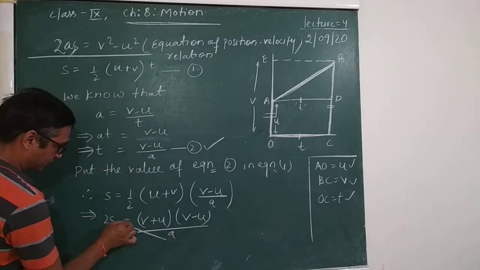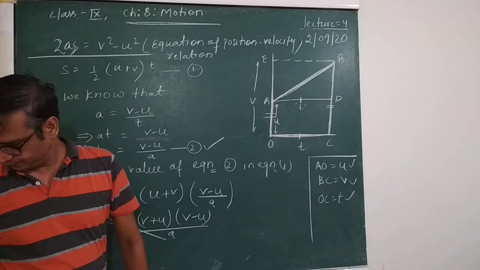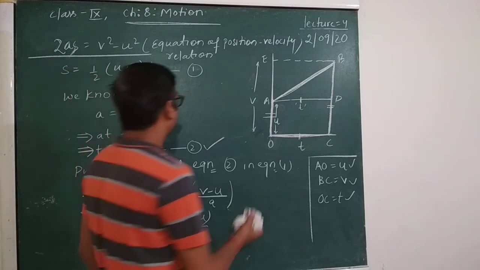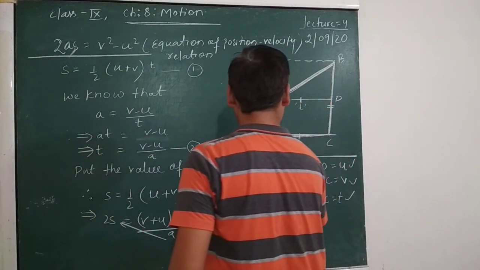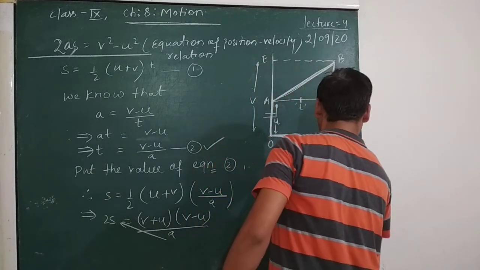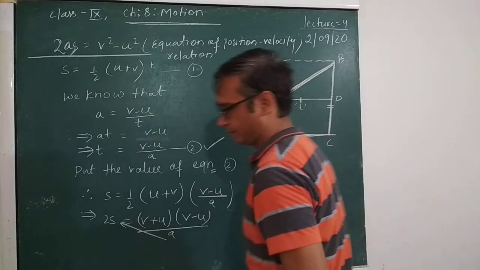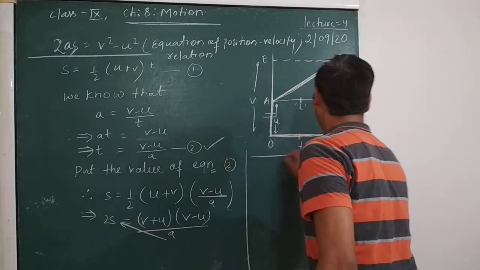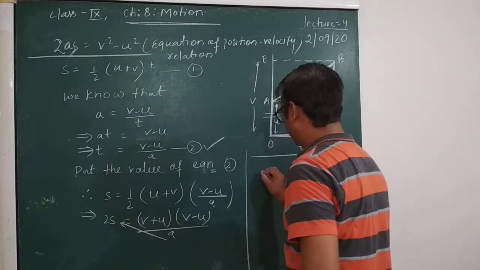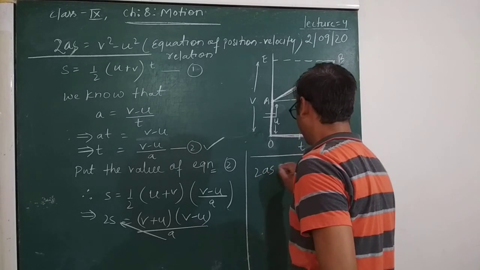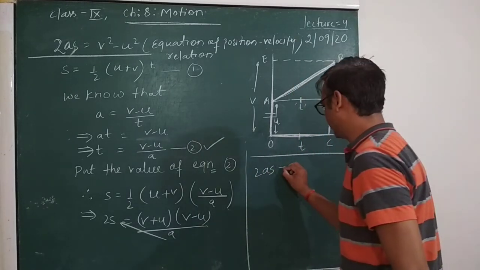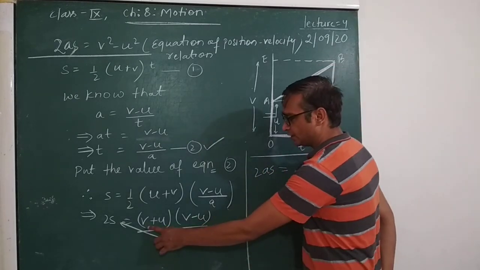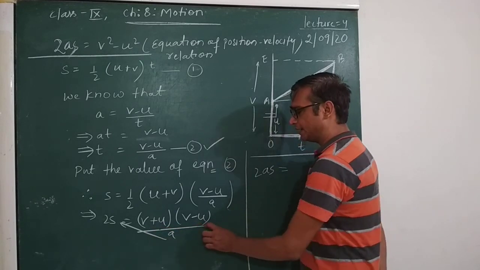Again this will be cross multiplied, so it will be 2as is equal to u plus v into v minus u.